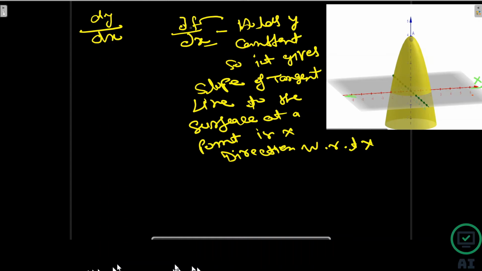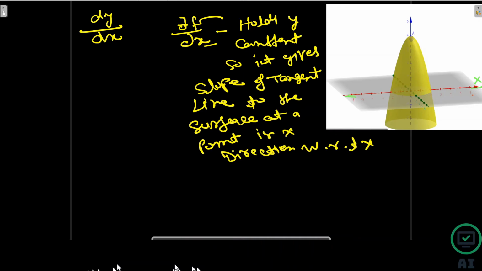When you say del f by del x, it holds y constant, so it gives the slope of the tangent line to the surface at a point in the x direction.